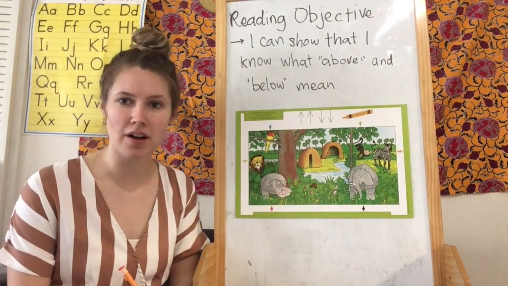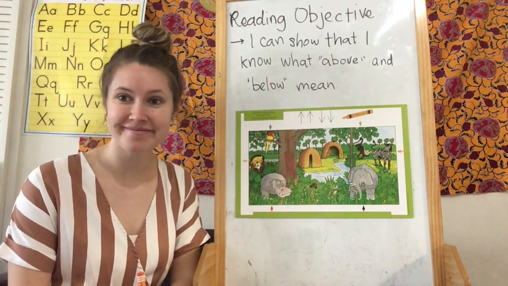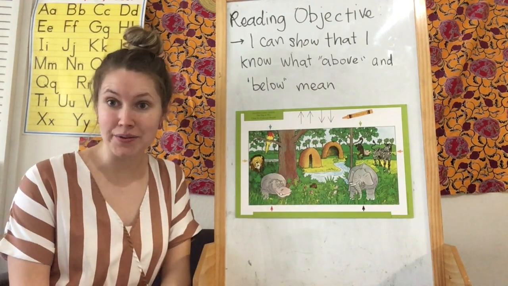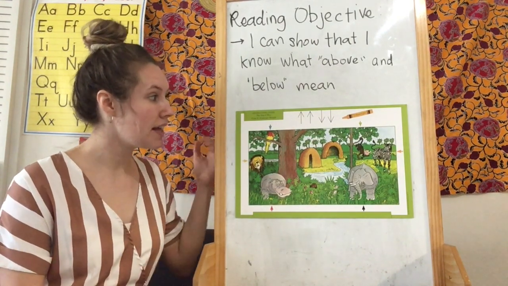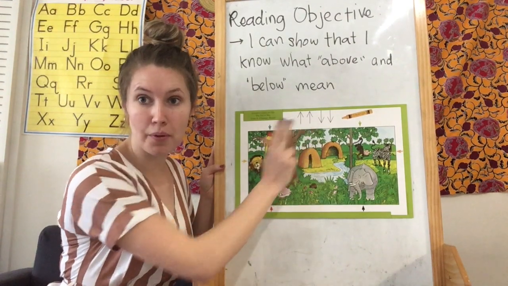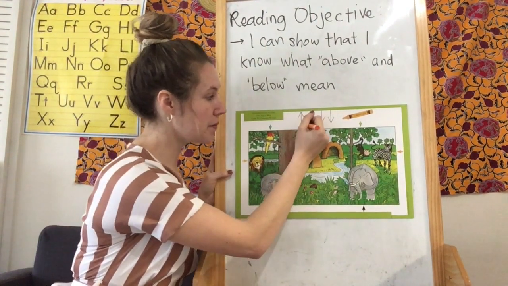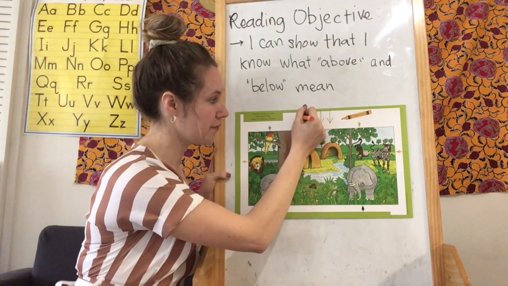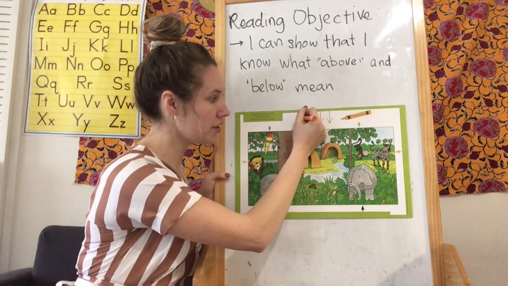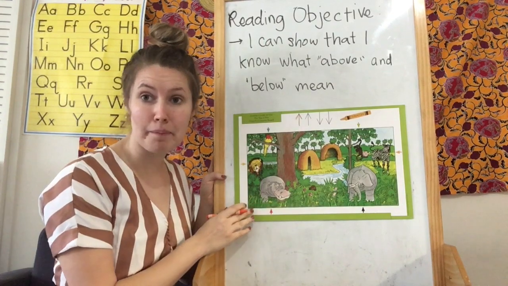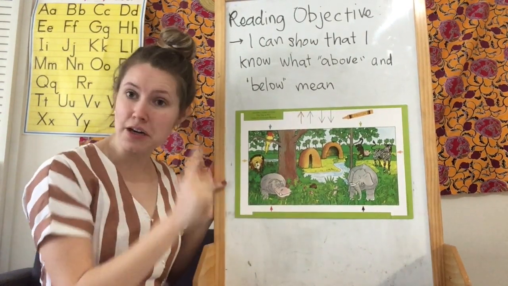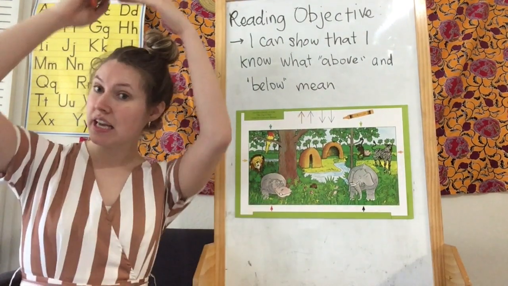What are those shapes called? They're called arrows. Now, two of my arrows are pointing up. These are going to be showing us above. So I'm tracing my arrow here with orange. So when we see an arrow pointing up, it's pointing above.